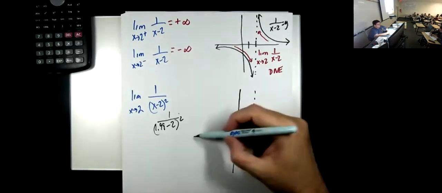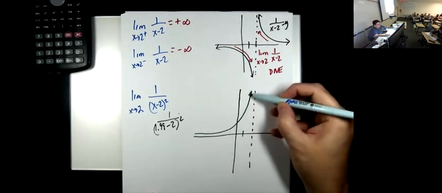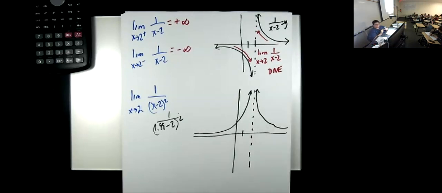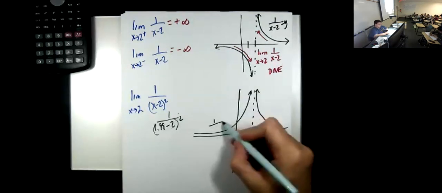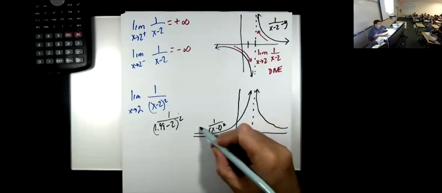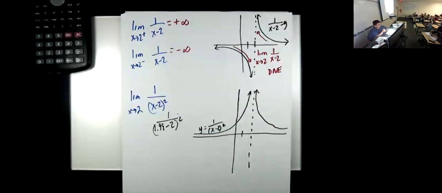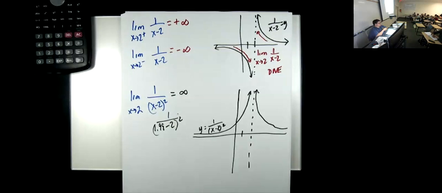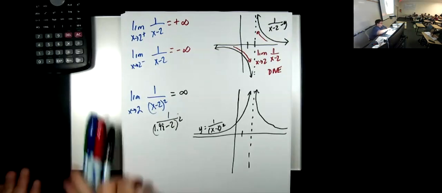So for this one, the graph goes up to positive infinity from both sides. So here, the limit as x approaches 2 from the left and from the right both equal the same value, infinity. We say this is infinity. When I say same value, infinity is not a value. It is not a number. It is a concept.